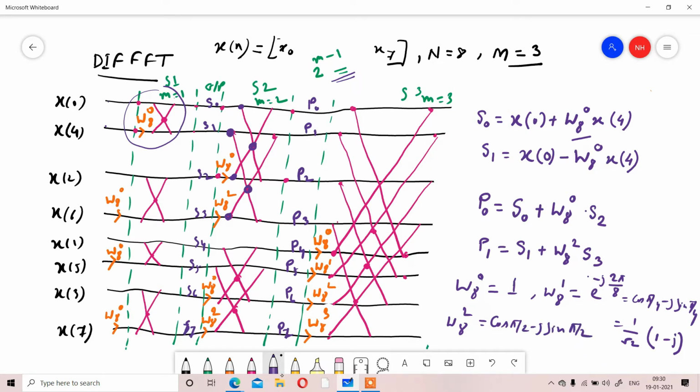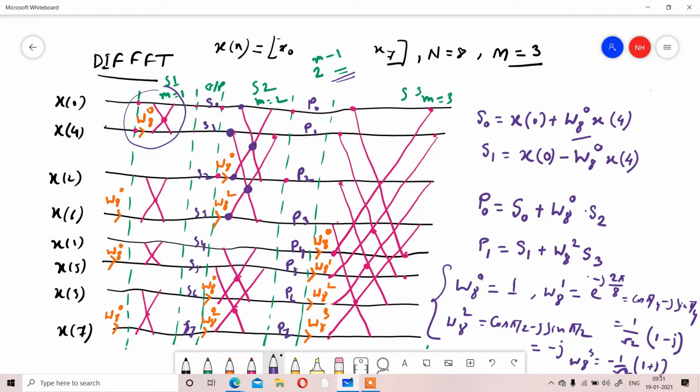If we replace all the values, W82 will be minus j, and if you calculate W83 in the same way, it will be minus 1 by root 2 times 1 plus j. So these are the 4 values you need to calculate, and you just have to replace all the values depending on your requirement, and finally you will get your output. So in that way you have to solve the values.